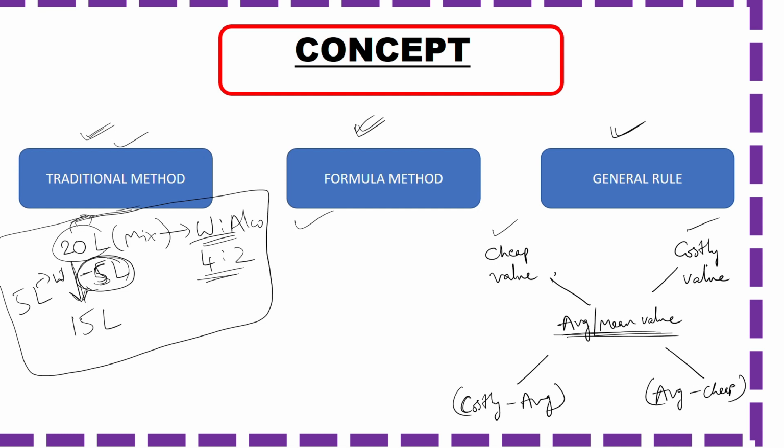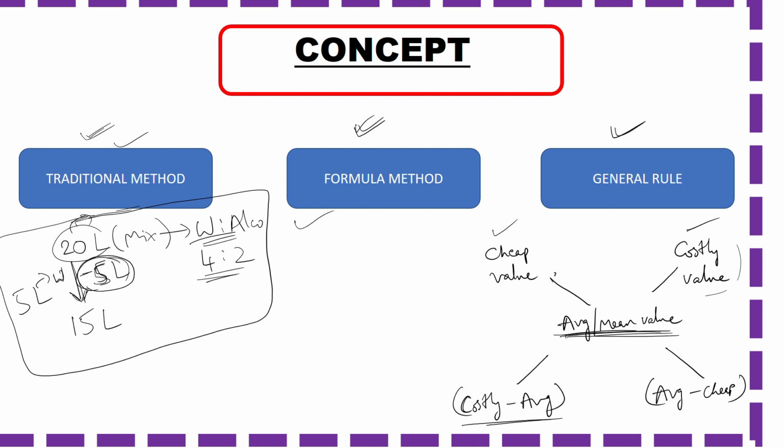And whenever we are calculating the ratio, we'll just subtract the average value from the costly value, right? And on this side we will subtract the cheaper value from the average value, right? Average minus cheaper. So what if you subtract like this, cheaper value minus average value? Well, you get a negative value. So we must do like this in order to avoid any confusion.